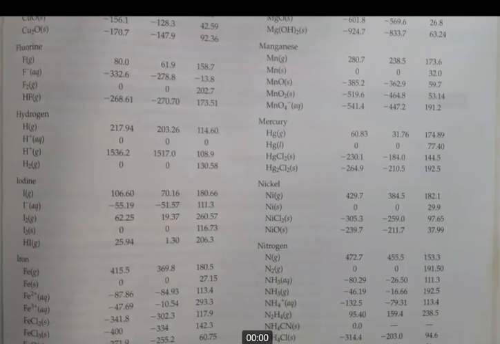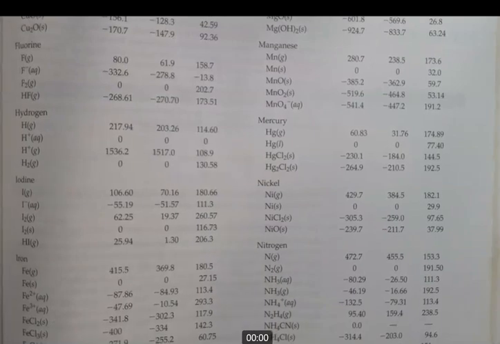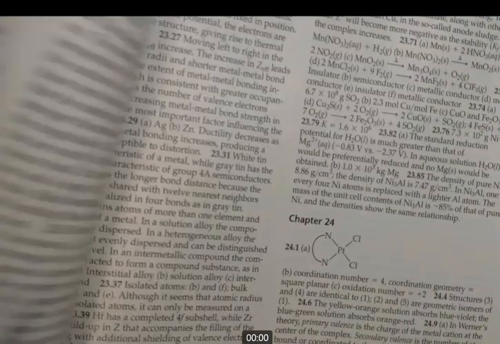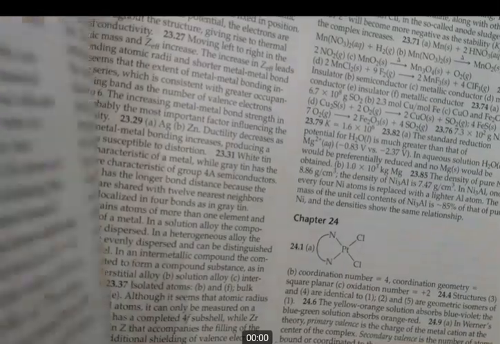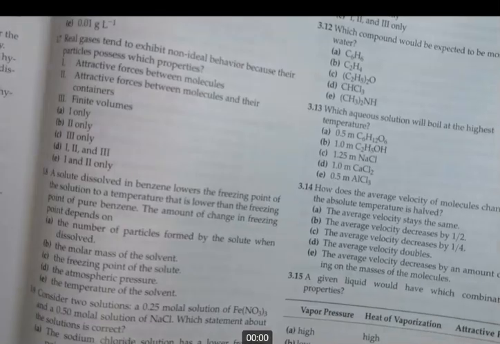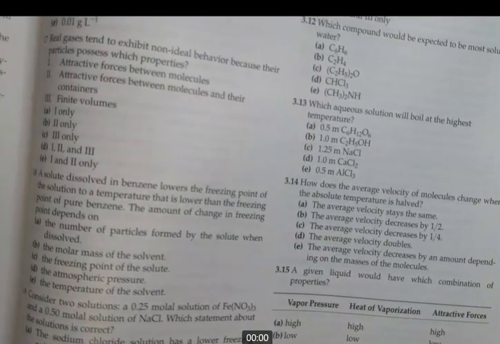Okay. And there it is, 33.84. Let me get that again. I almost lost that. Sorry. Try that again. Okay, let's go to the book and see if we can find it in there somewhere.